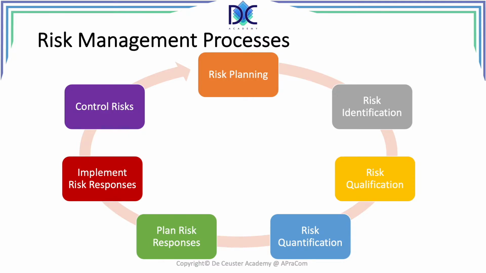Now, basically what happened in the previous risk management processes, plan risk responses and implement risk responses were in fact replaced by one process step, which was implement risk responses. We didn't plan the risk responses. Now, in the new version, we have this extra step, plan risk responses.